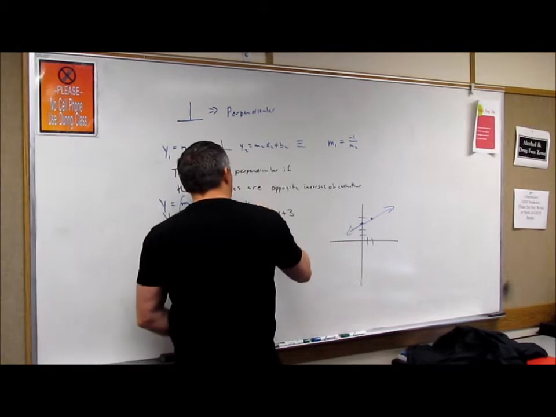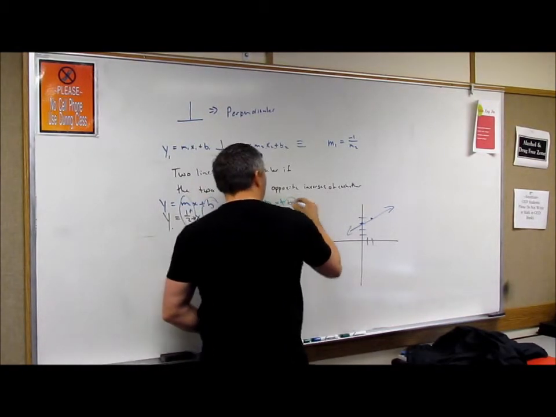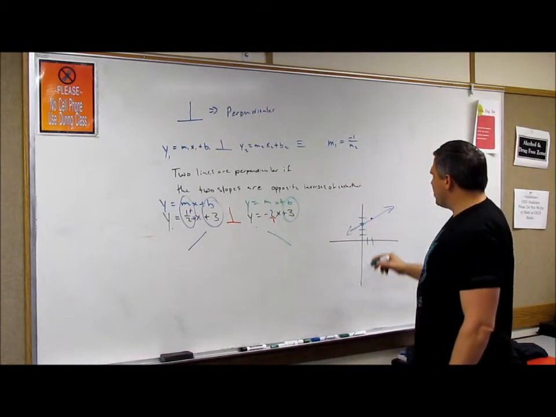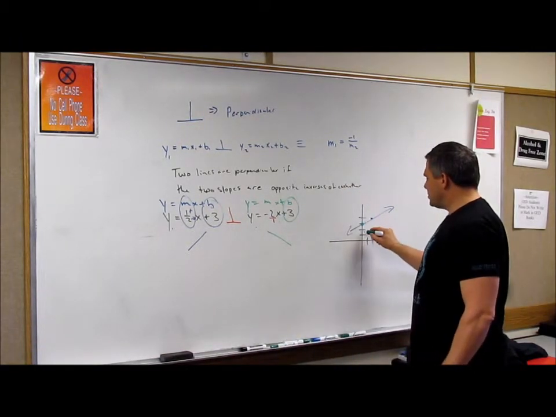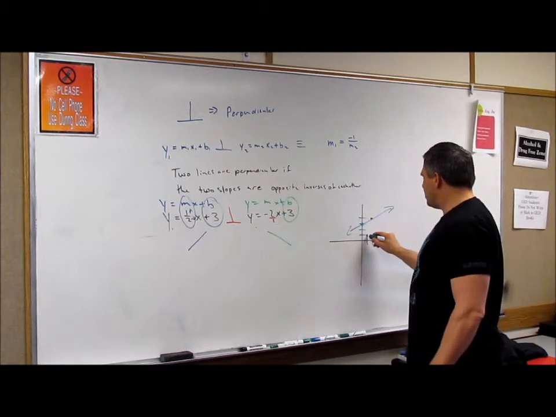My b, y equals mx plus b. My b is 3. And in this case, I go down 2, 1, 2, and I go right 1.